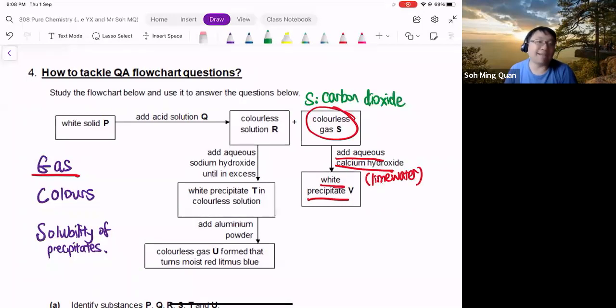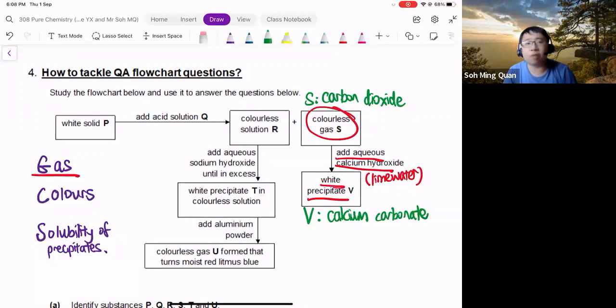Since we know that S is carbon dioxide bubbled into lime water, the precipitate formed in lime water is called calcium carbonate. So as you can see, just by looking at the gas alone, I've scored 2 marks already by identifying S and V. Now besides that, if you listen in class, you know carbon dioxide gas comes from where?